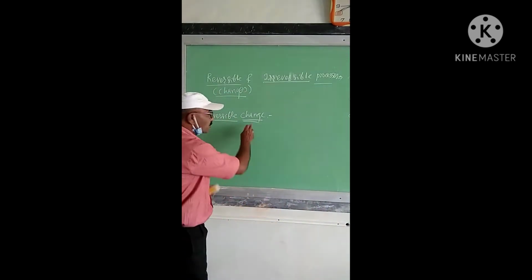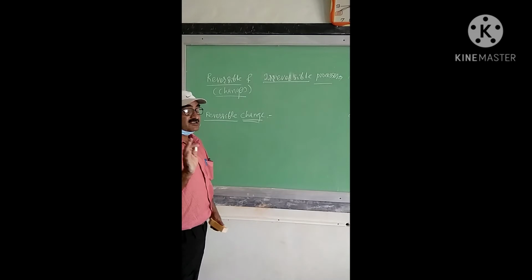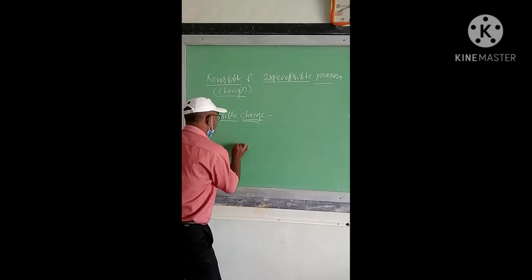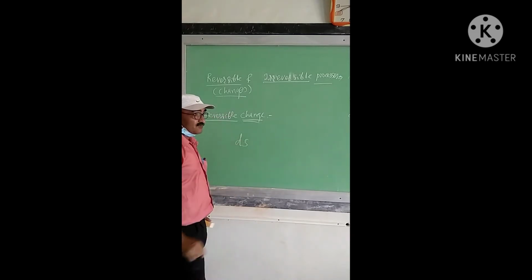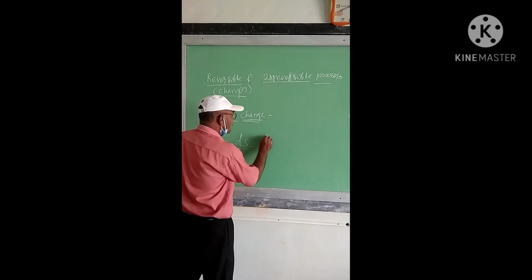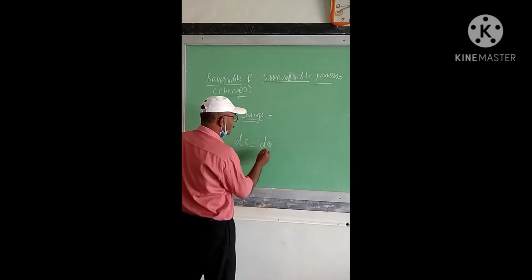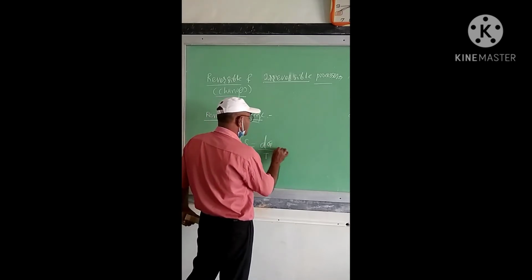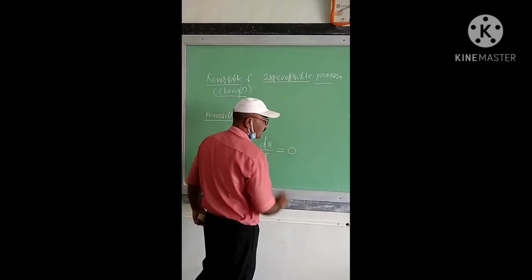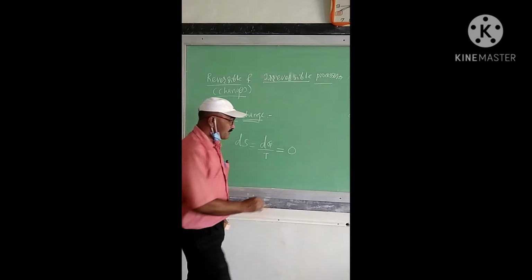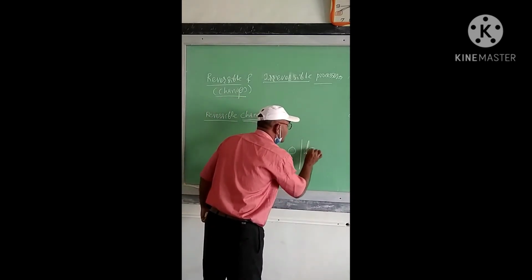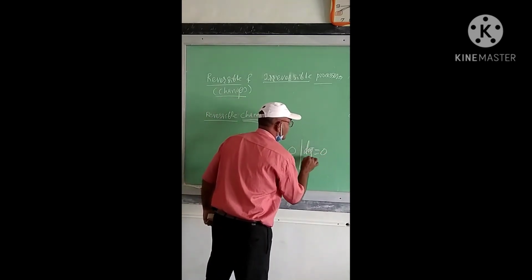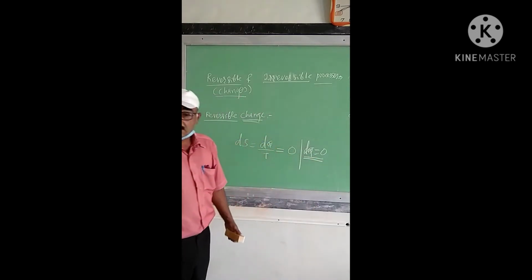During a reversible process, the change in entropy of the system, dS equal to dQ divided by T, is equal to 0, because dQ, the heat supplied to the system, is 0.